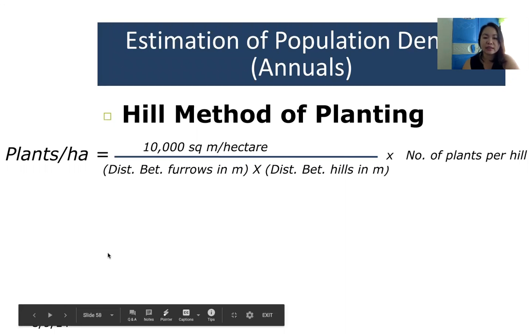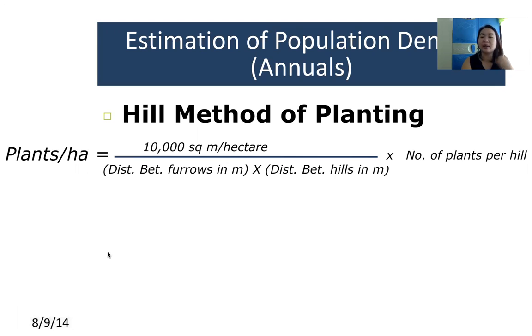There are ways of computing the number of plants per hill, especially per hectare. We call this the hill method of planting, wherein you compute how many plants per hectare you need. You just compute 10,000 square meters per hectare over the distance between furrows in meters times the distance between hills in meters.